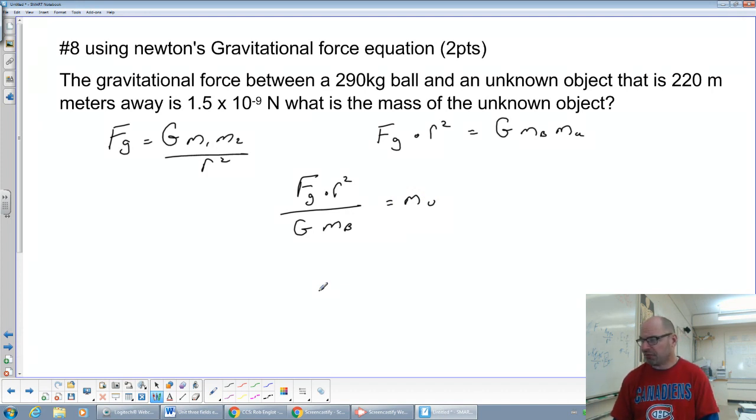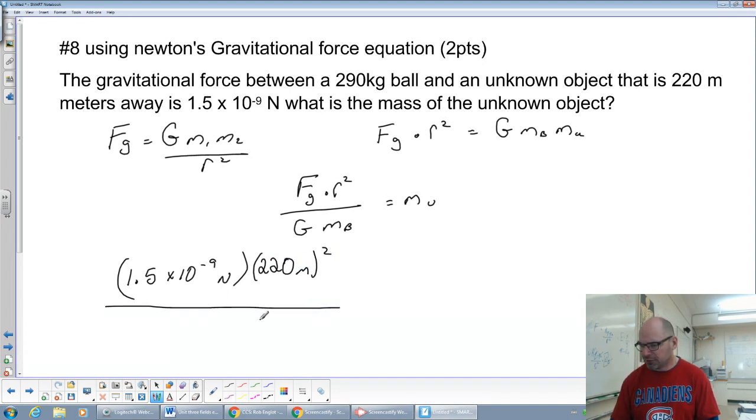So if we do that, the force of gravity that we have is 1.5 times 10 to the -9 newtons, times R squared, which is 220 meters squared.